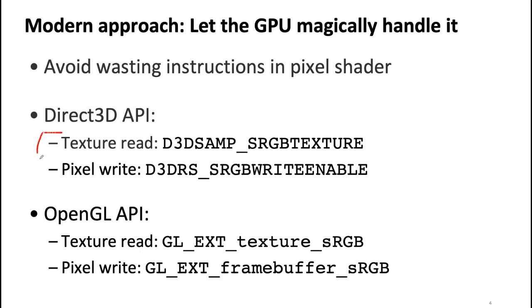So you can change some settings in your API. I assume Vulkan has something similar to do the square-ish operation when you read from a texture, and to do the square root-ish operation when you have that final value and are writing that to your frame buffer to go to the screen. And fortunately, Unity supports this now, even in the free indie version, but back in the day, that wasn't the case.